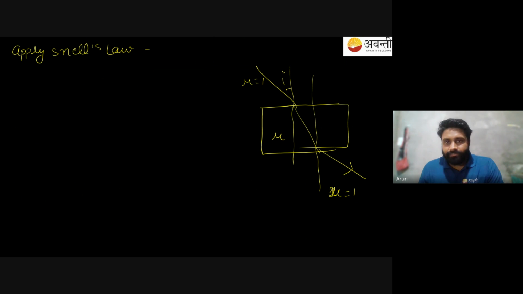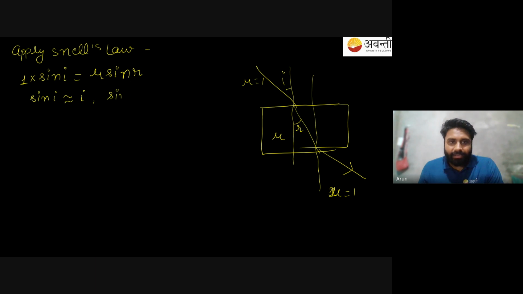Mu1 sin I, where mu has value 1 in the first medium. So we can write 1 sin I equals, the angle of refraction is R and the medium has refractive index mu, so mu sin R. Since I and R are very small, as we discussed in the previous slide, we can directly consider sin I as approximately I.